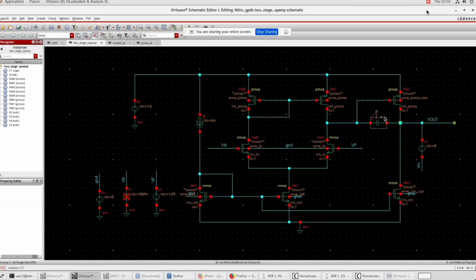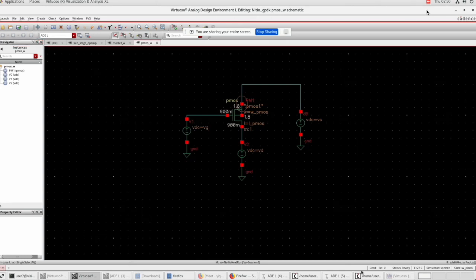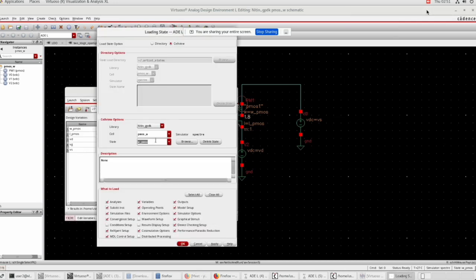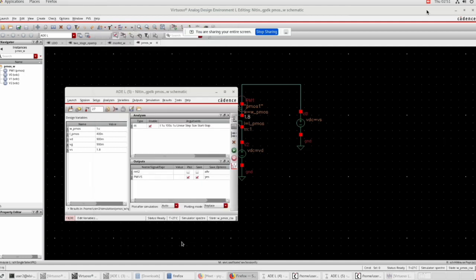Let us look at this PMOS. For that PMOS, I am loading the other state. So for this PMOS, the current should be around 300 microampere.